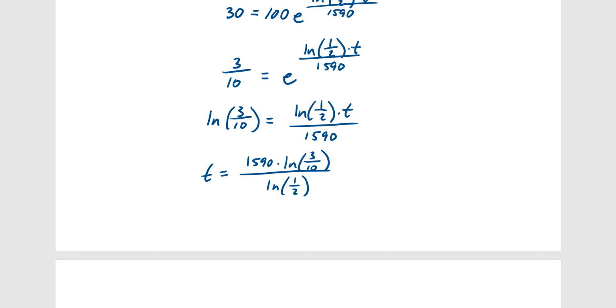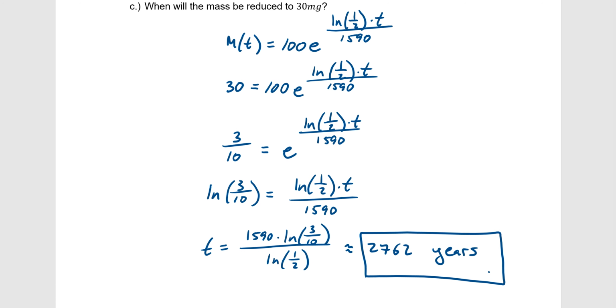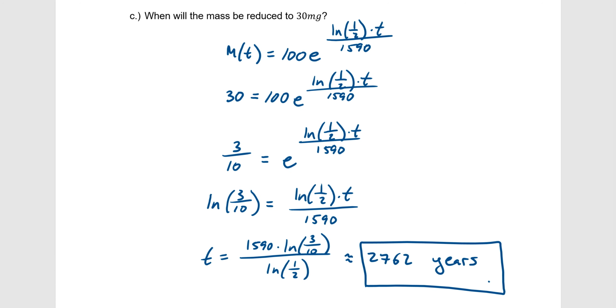Okay, and then we type that all in the calculator, and we get 2,762 years. So that means it started with 100 milligrams, and then after 2,762 years, it decayed to 30 milligrams.